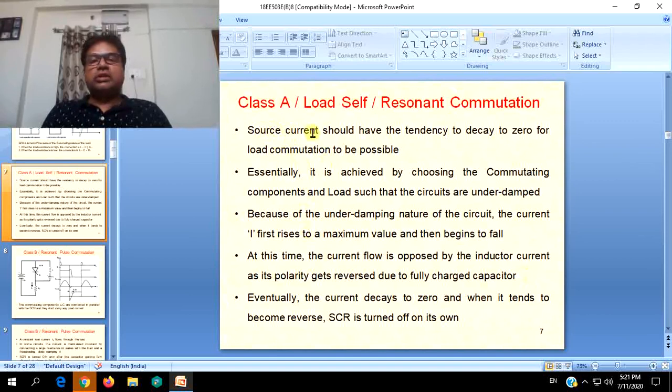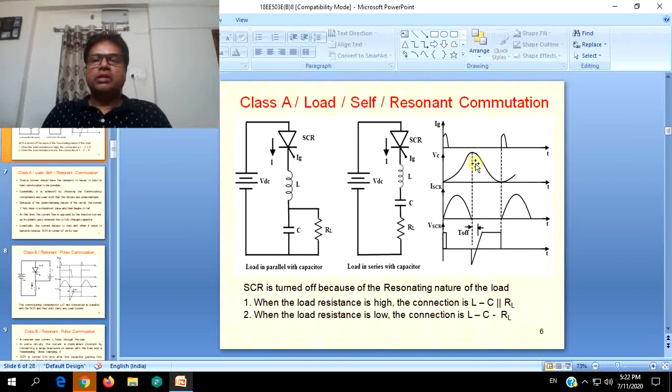The source current or load current should have the tendency to decay to 0 for load commutation to be possible. Essentially that is achieved by choosing the commutating components and loads such that the circuits are underdamped. Because of the underdamping nature of the circuit, the current I first rises to a maximum value and then begins to fall.